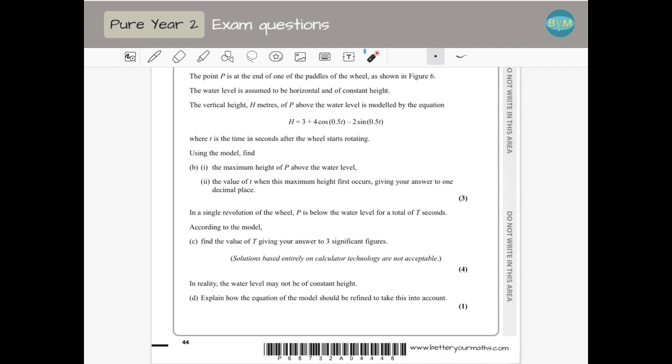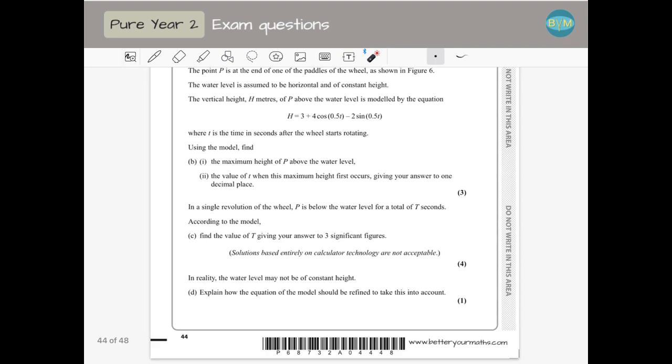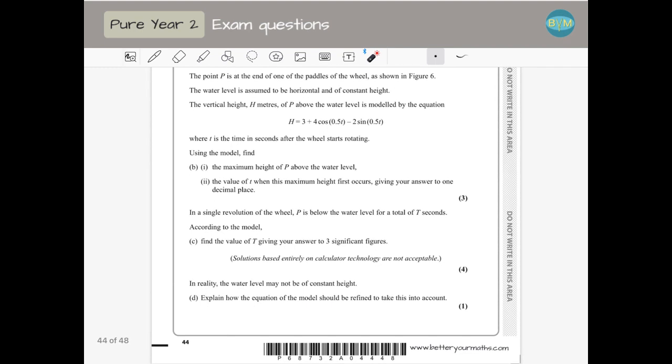Then they say, in reality, the water level may not be a constant height. Explain how the equation of the model should be refined to take this into account. So I would say something like this 3, which is a constant, a height that doesn't change, should change.